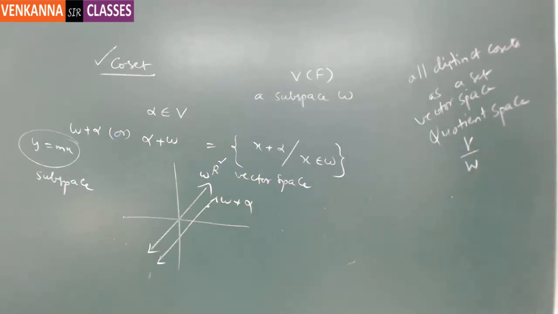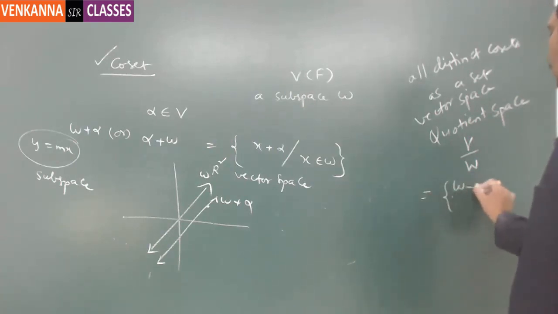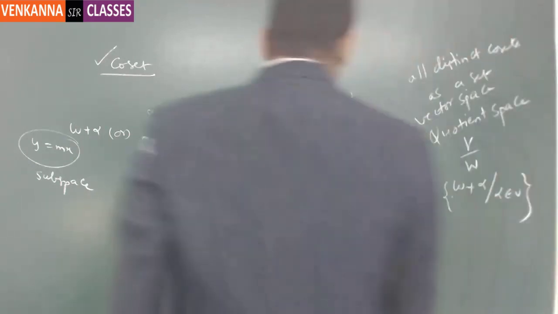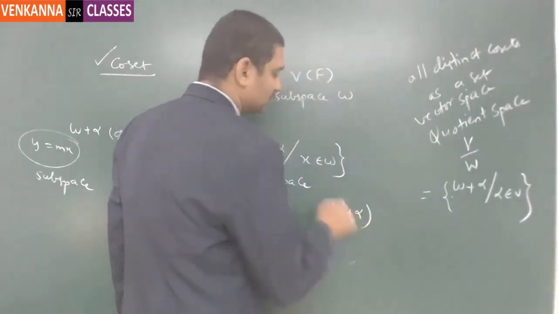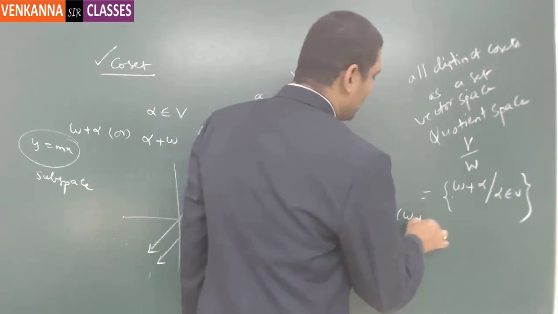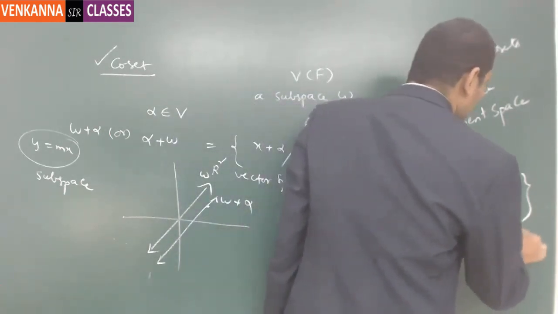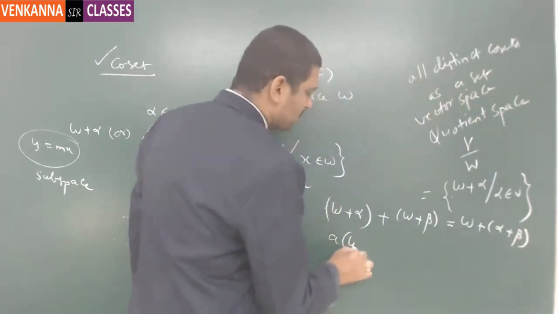So what is meant by quotient space? V is a vector space, W is a subspace, V by W is called the quotient space, and it is nothing but the set of all cosets. And how are the operations defined on it? Whenever you take two cosets, the sum is defined as above, and the scalar multiplication is defined like this.